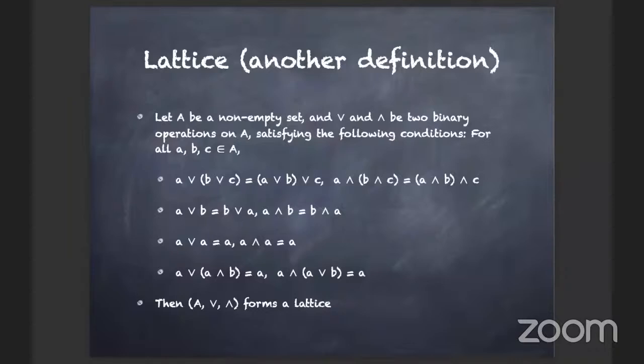If all these conditions are followed, then the structure A with join and meet forms a lattice. That is another definition. Of course, both these definitions should be identical, so in some sense we should get a partial order from this lattice definition as well.